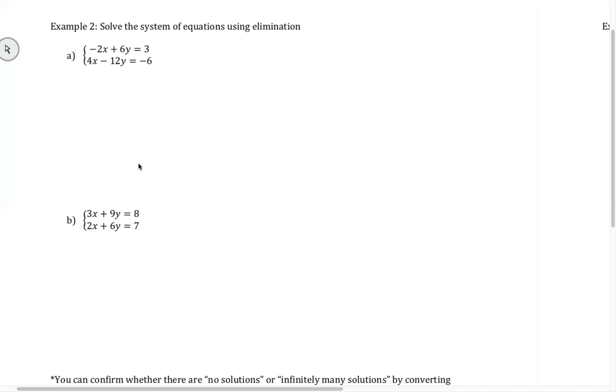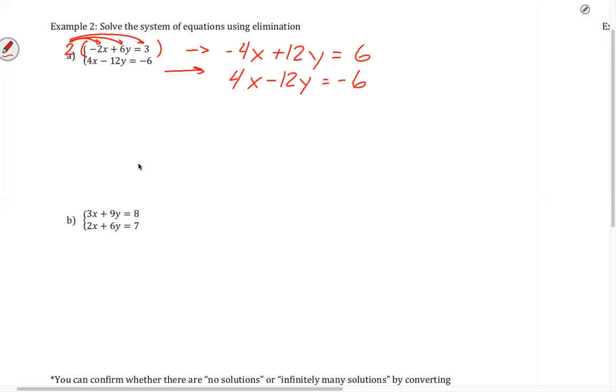All right, so obviously the complaint for this problem is this, all right? You look at it, I don't know which variable you chose to get rid of, doesn't really matter, okay? I'm gonna choose x, so I wanna make the -2 like a 4, so I'm gonna multiply that top equation by 2. That gives me -4x plus 12y equals 6. And then this bottom equation, I'm just going to rewrite 4x minus 12y equals -6.